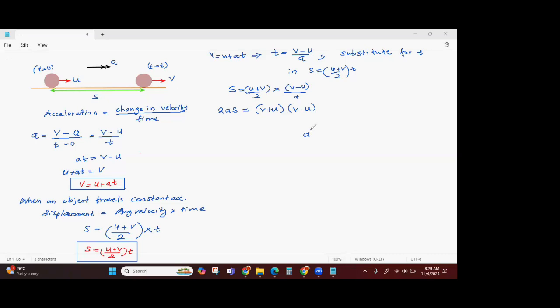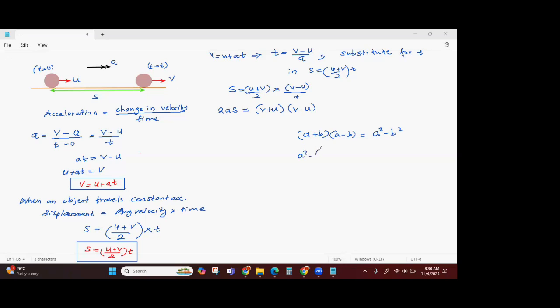For example, if you have a plus b times a minus b, this is equal to what? It's simply a squared minus b squared, no? The difference of two squares, right?